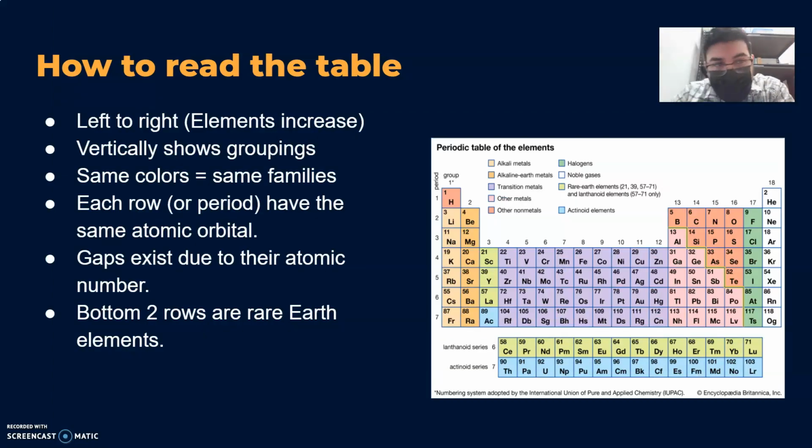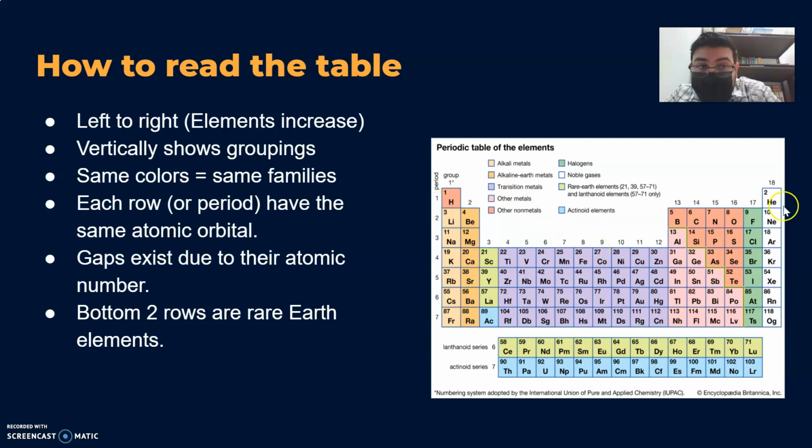To read the table, you start reading from left to right. Number one is right here, then two, three, four, five, six, and you just keep going left to right. When you look from left to right, the elements are increasing. Vertically, it shows you different groupings. The same colors all mean that they're part of the same family.